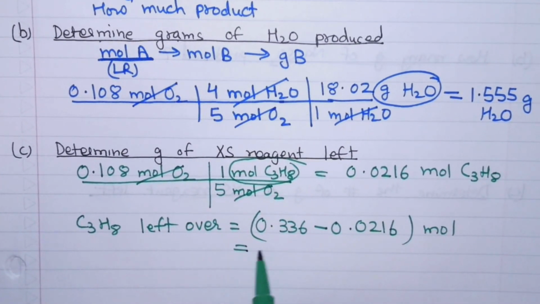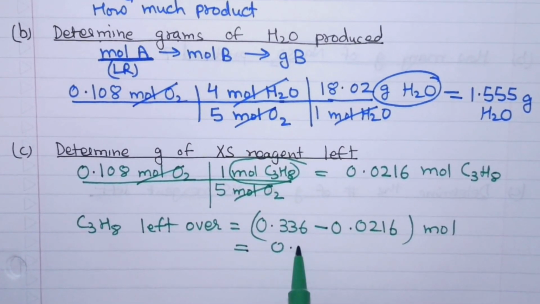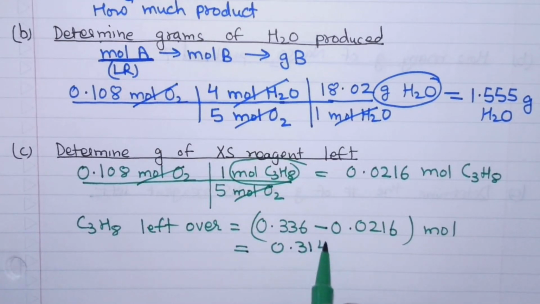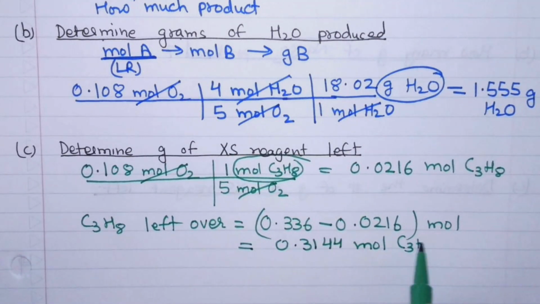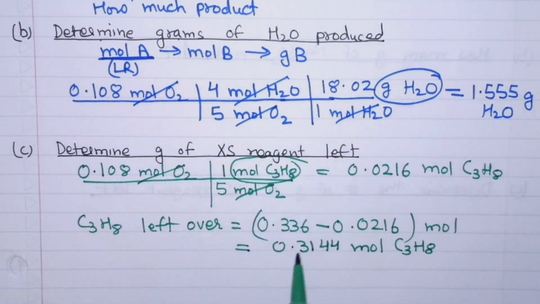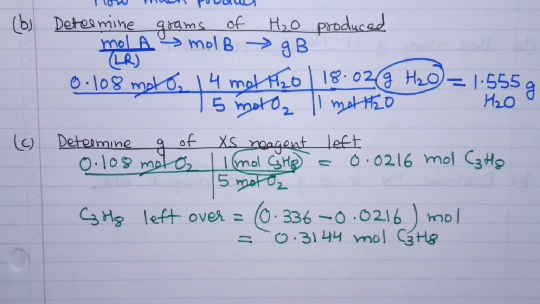So this comes out to be 0.3144 moles C3H8, right? Now since we need grams of the leftover, I am going to convert this into grams now, right?